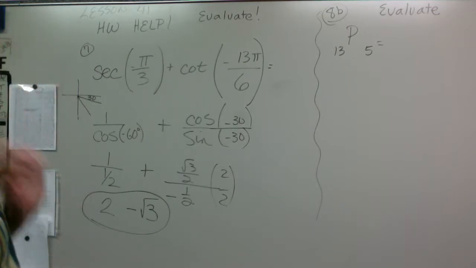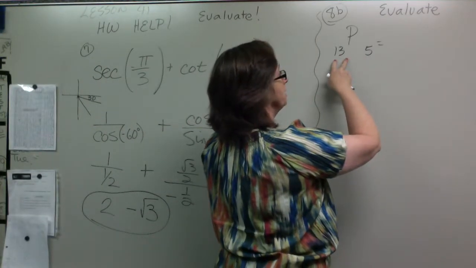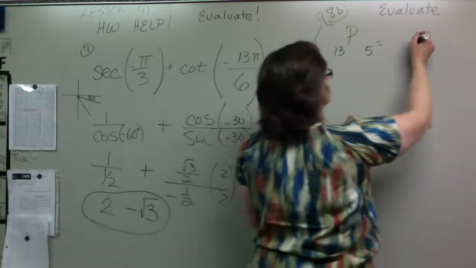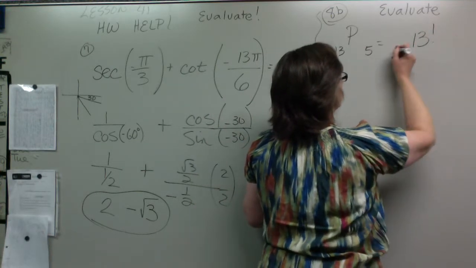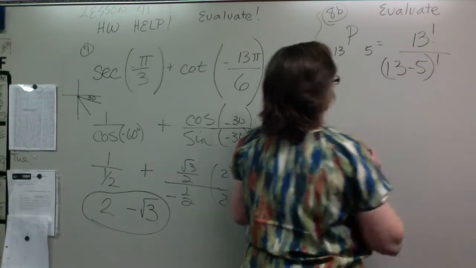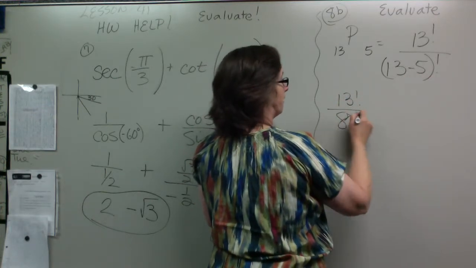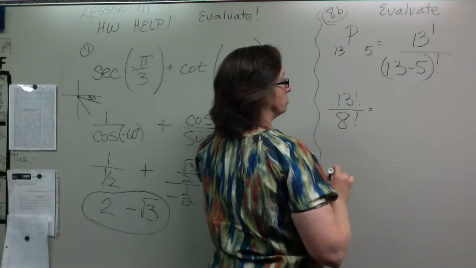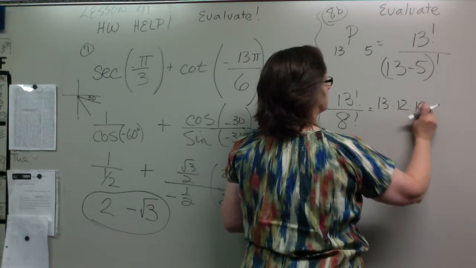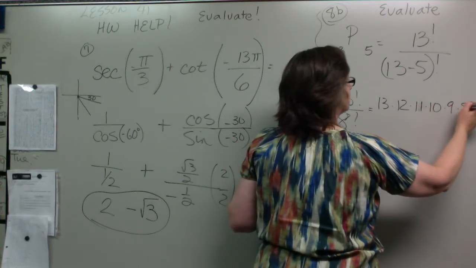And homework problem number 8 is going to be the permutation of 13 things taken 5 at a time. So according to our formula, this will be 13 factorial over 13 minus 5 factorial, or 13 factorial over 8 factorial. So basically, when we go to evaluate, it'll be 13 times 12 times 11 times 10 times 9 times 8.